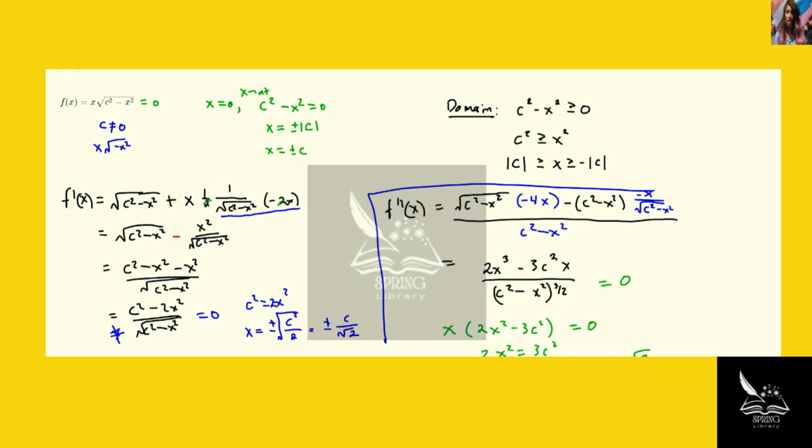Now, notice that the square root of 3 over 2, let me write this on the side, is strictly larger than 1. So if it's positive, it's going to be strictly larger than the absolute value of c, and if it's negative, it's going to be strictly less than.